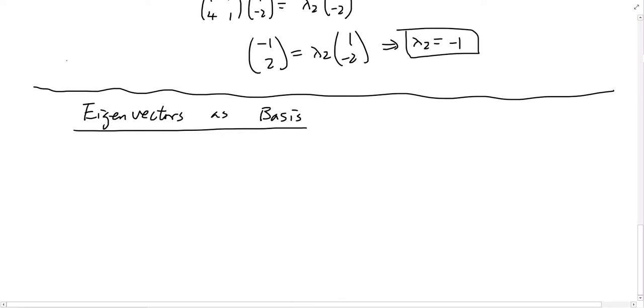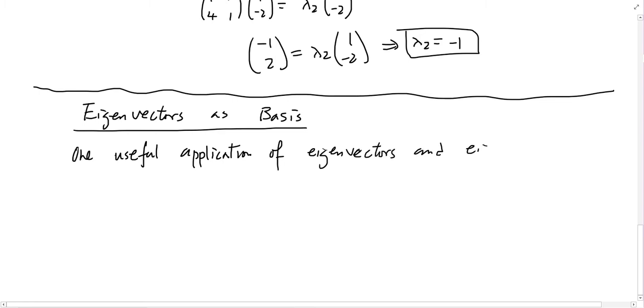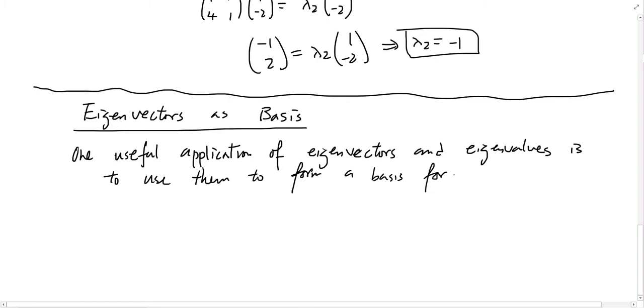So therefore, one very useful application of eigenvector and eigenvalue is to use them to form a basis for a vector space.